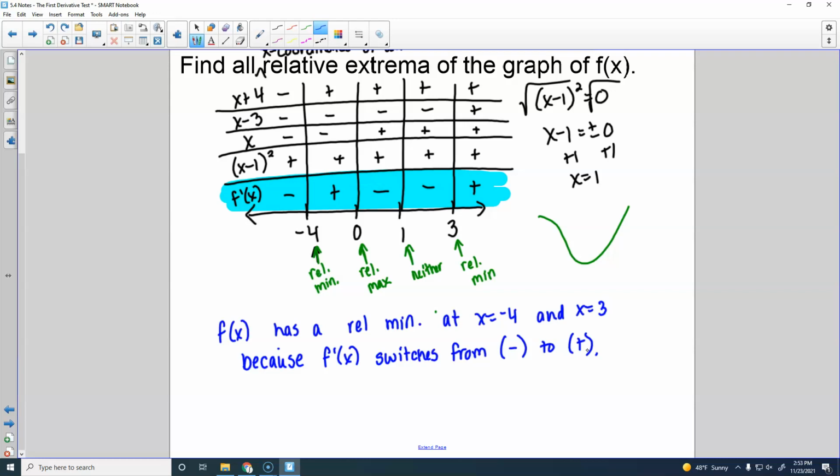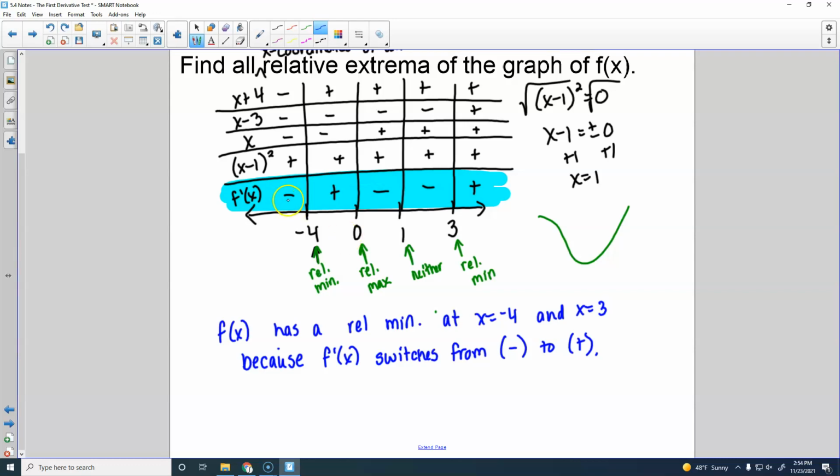I think it's understood that you're talking about that point of a relative minimum. But if you said, because it switches from negative to positive at -4 and 3, I think that would definitely be okay, but I don't think you have to.